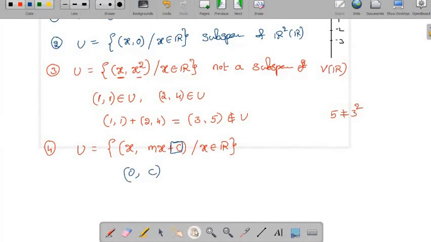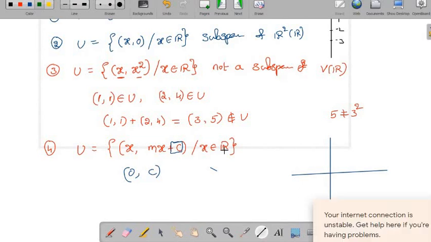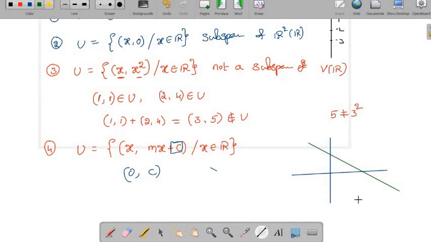The example he gave here is the set of all lines. The moment you say mx plus c, suppose m is a fixed quantity and c is a fixed quantity, that is just one line. If you vary m and c, that represents the set of all lines. So let us take one such line. Let me fix m and c. By fixing m and c, I may get some line like this, provided the slope is negative and the y-intercept is positive.